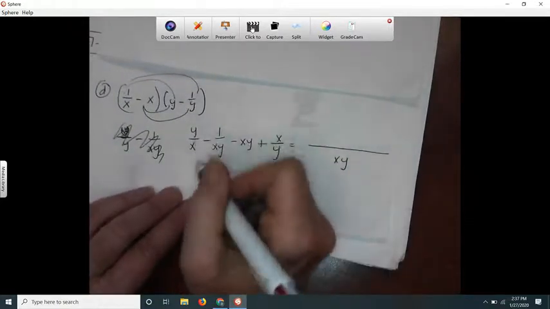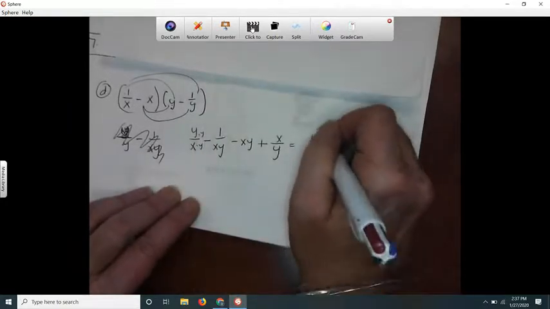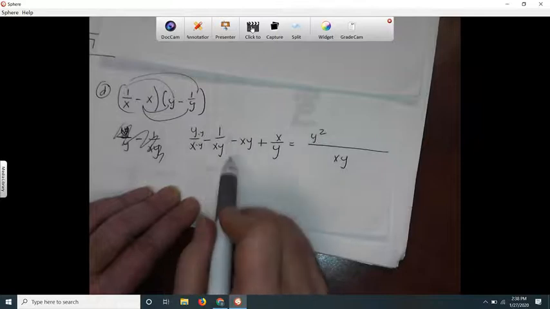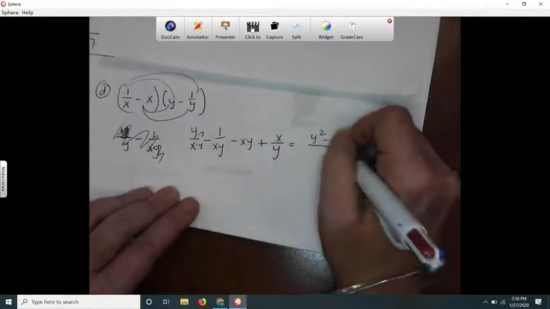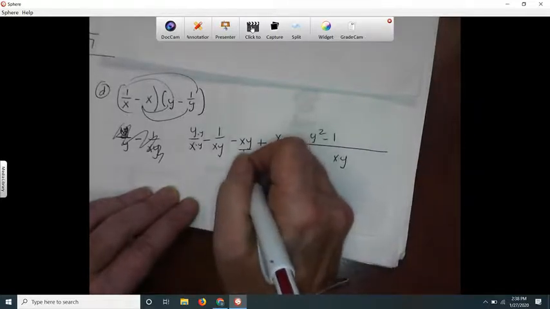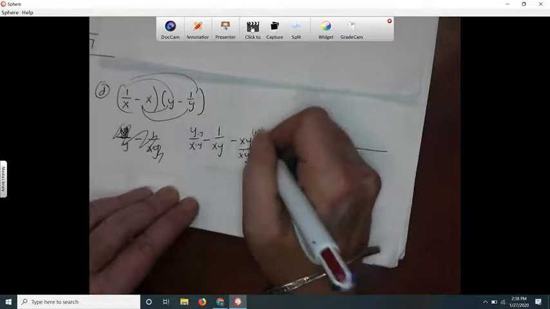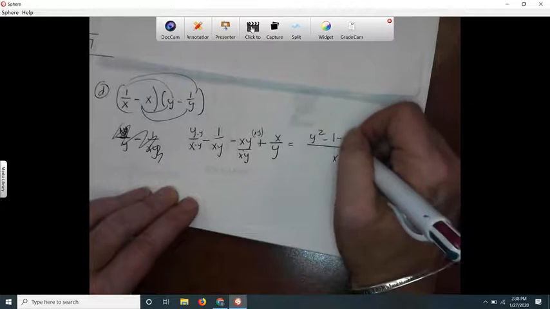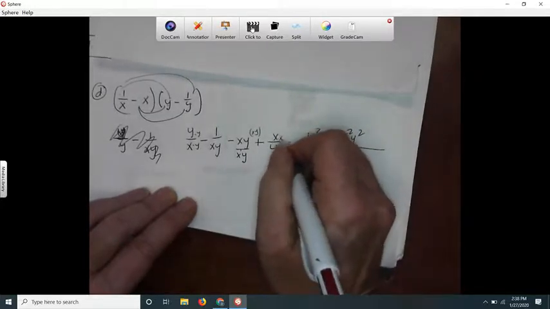This one just needs a y, so y times y, that's y squared. This one just needs nothing. This one, I got to put the minus 1. This one needs times xy and times xy, that would be x squared y squared. This one needs an x.